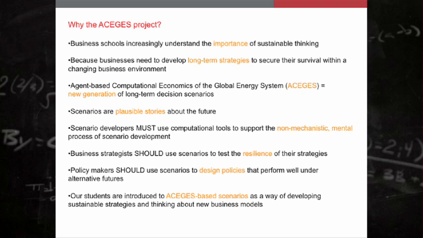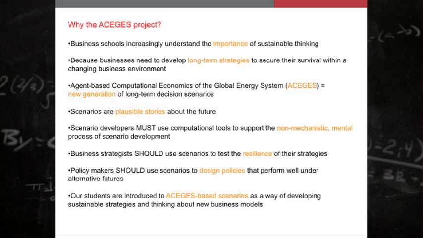The scenario developers must use this computational tool because it enables them to better capture the uncertainty. Although scenario development is not a mechanistic process, it's a mental process, we think that with the use of computers and an artificial society, people can better explore the uncertainties of the future.